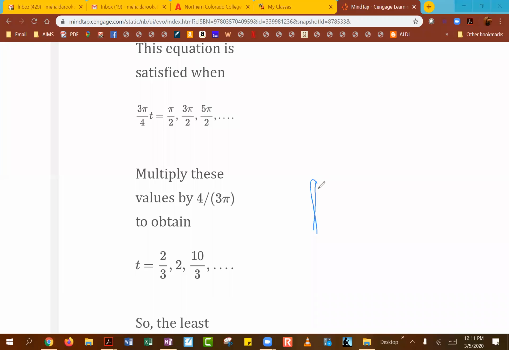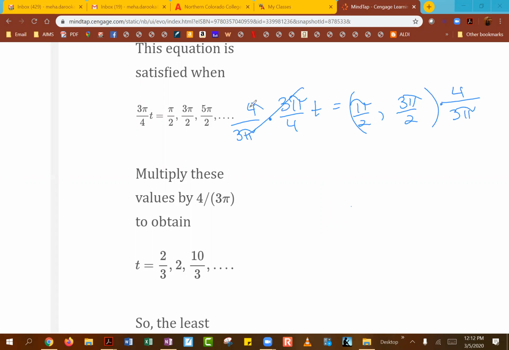If you have 3 pi over 4t equals pi halves, 3 pi halves, and all of that list, then to figure out what t is going to be, we multiply both sides by the inverse, 4 over 3 pi. These cancel out, leaving you with t, right? You're doing pi halves multiplied with 4 over 3 pi. Same thing for 3 pi halves multiplied with 4 over 3 pi.